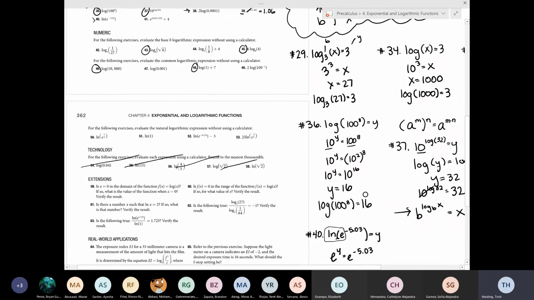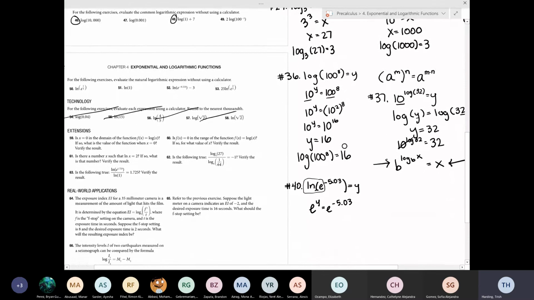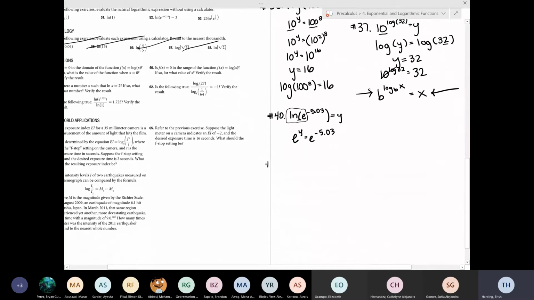Okay, so number 43, log base 6 of square root 6. I'll just go ahead and set that equal to y. So we're going to have 6 to the y equals the square root of 6.